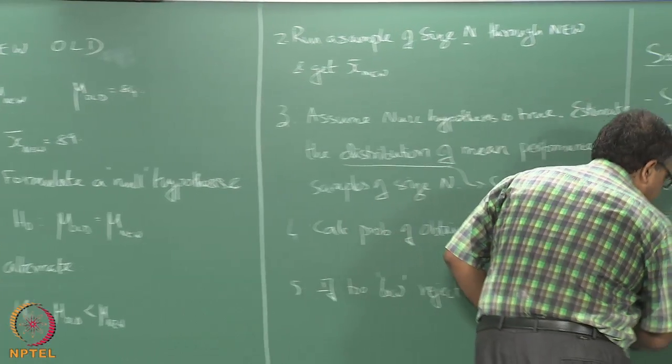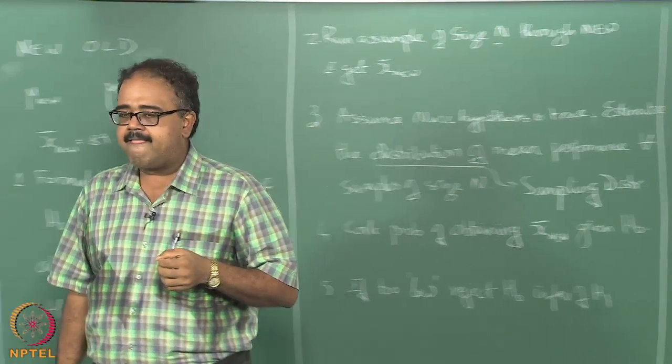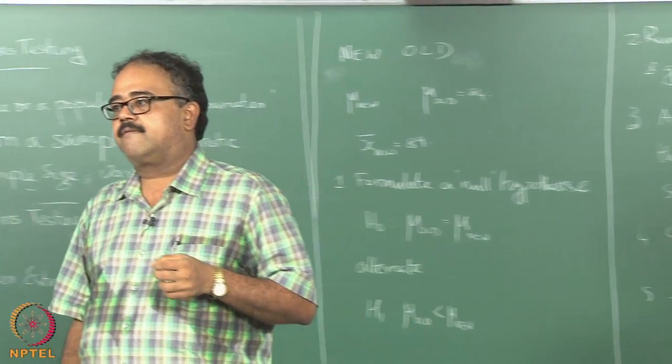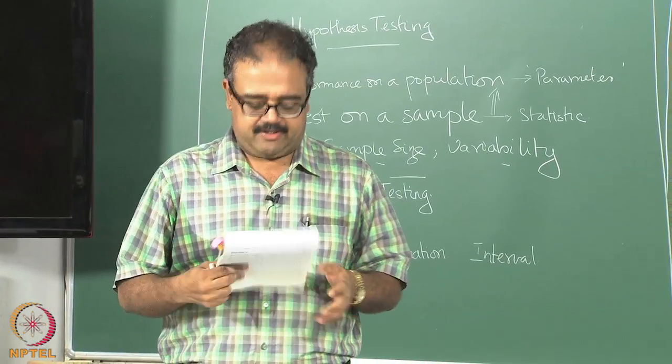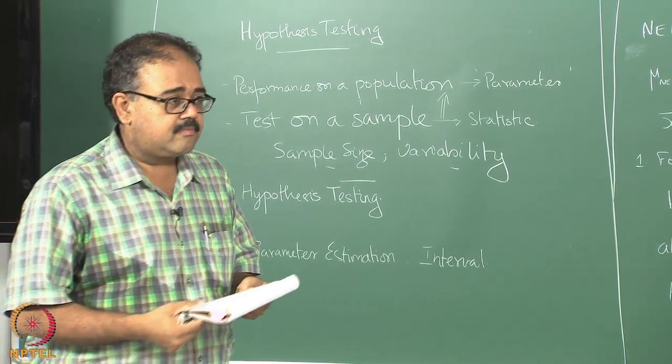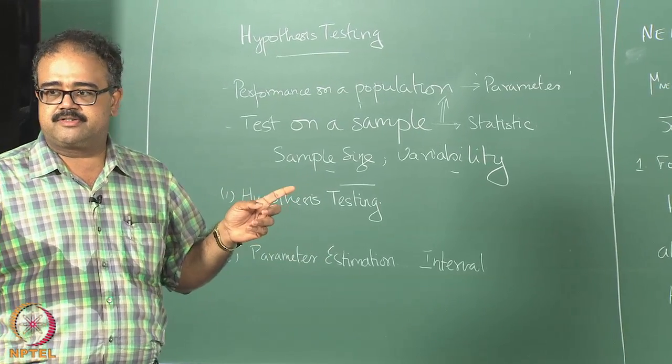The standard deviation of this sampling distribution is also sometimes called the standard error. It is called the standard error of the mean: the standard deviation of the sampling distribution.